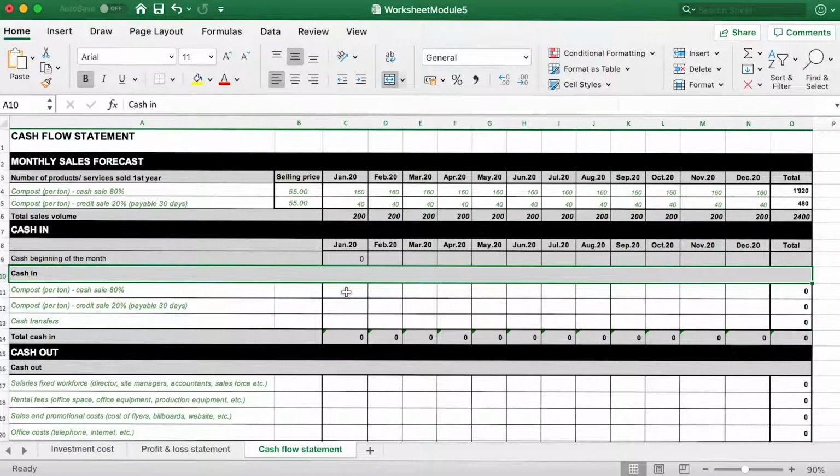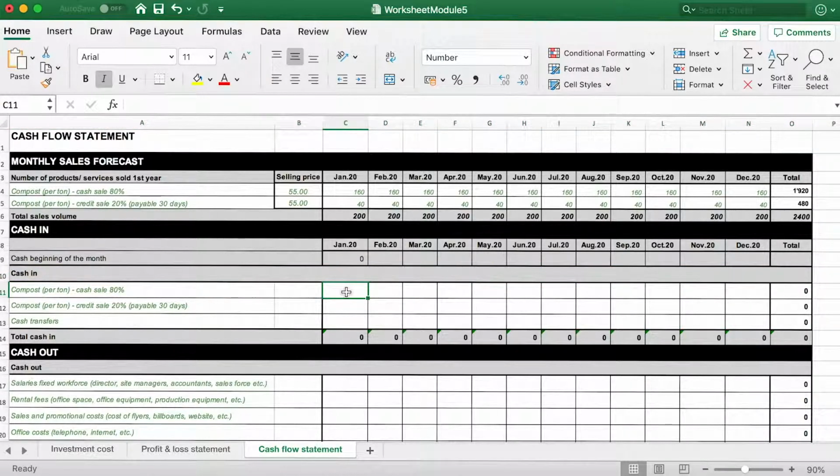The cash coming in from sales is 8,800 for the composting plant. Since credit sales are payable within 30 days, the cash from the credit sales will only come in during the next month. That's why in January the credit sale is 0.